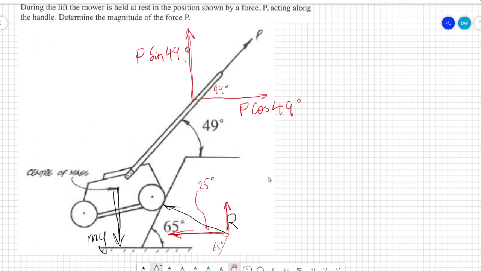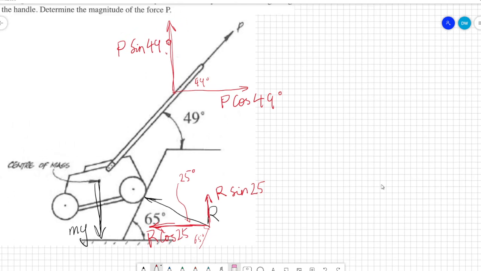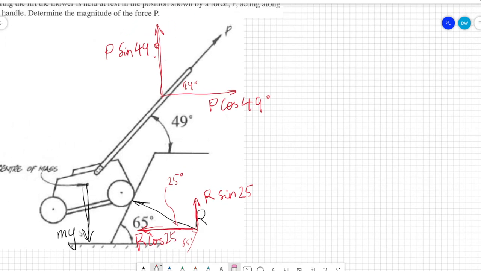The vertical one is the opposite side, so it should be R sine 25. And horizontal, it should be R cosine 25. So now we have all the forces: mg going down, P sine 49 and R sine 25 going up, P cosine 49 going to the right, and R cosine 25 going to the left.